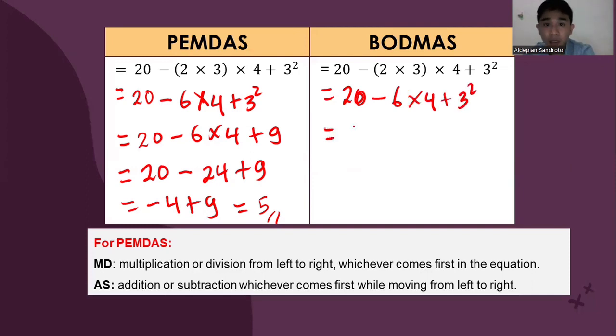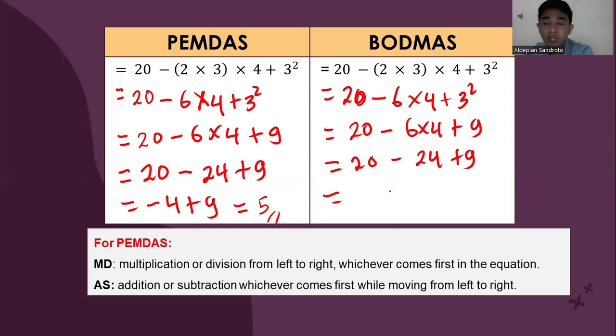Then 20 minus 6 times 4 plus 3 squared, which equals 9. It's the same. We just follow the rule. 20 minus 6 times 4 equals 24, plus 9. And then in BODMAS, we start from the subtraction: 20 minus 24 plus 9, which equals negative 4 plus 9, so 5. The result is the same. They are equivalent.